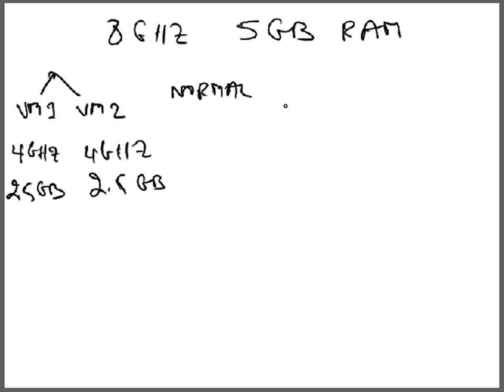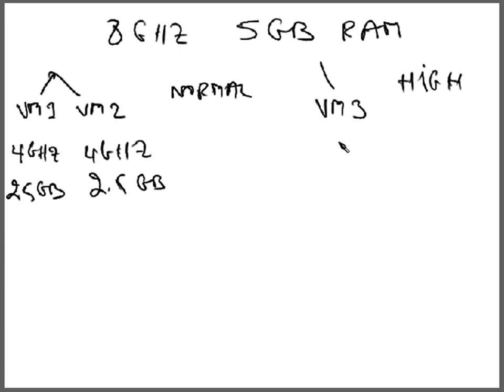But what happens when you add a third virtual machine, VM3, with shares set to high? Now, as we mentioned before, shares that are set to high are going to get twice the amount of resources as those set to normal. So in this case, the calculations become as follows.